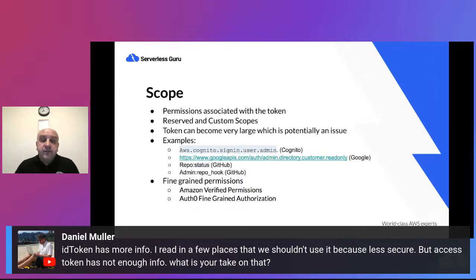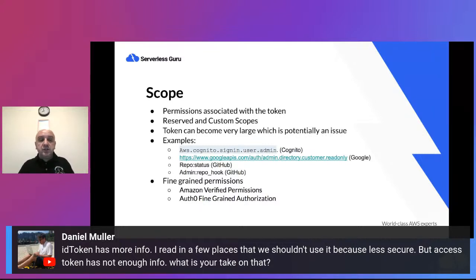There is actually no difference in security when it comes to these, but the ID token reveals more information, as you said. The access token should be used for accessing data, and the ID token should be used to get the user information. If you need user information, you have to use the ID token, and if you are using OpenID, you need the ID token for that. So it's not less secure.